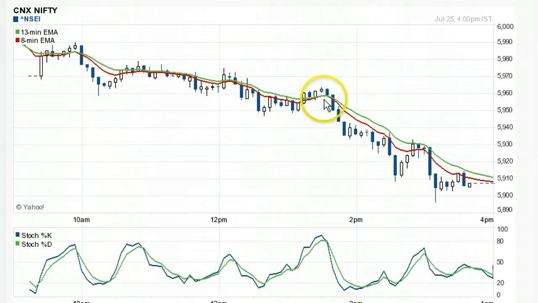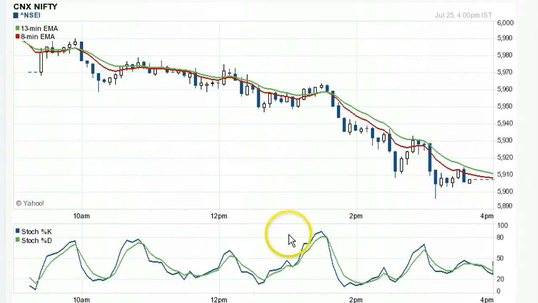But since this is an extremely negative day, at 80 here you could have gone short at 10 a.m. 80 again just before 11 a.m. here. 80 again just before 2 p.m., or let's say 1:45, so here you could have gone short. Again close to 80 here. So these are all opportunities to buy and sell.